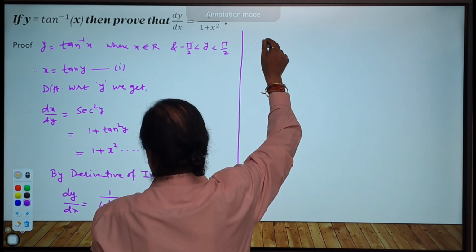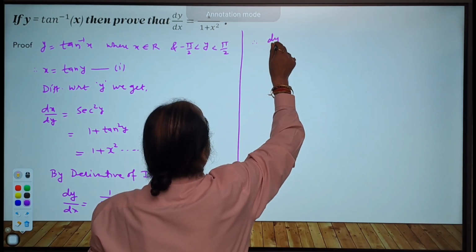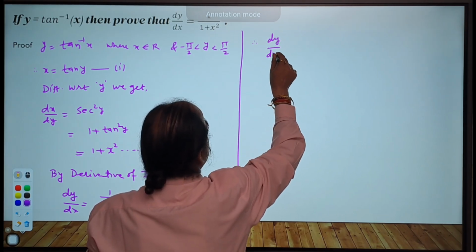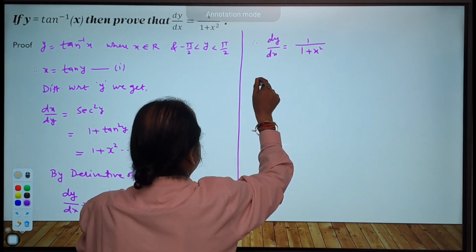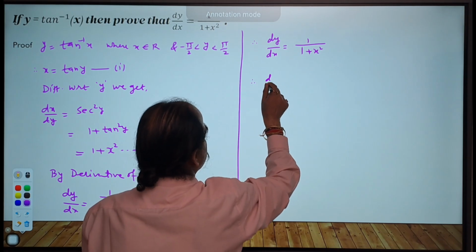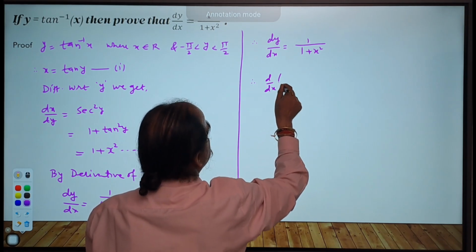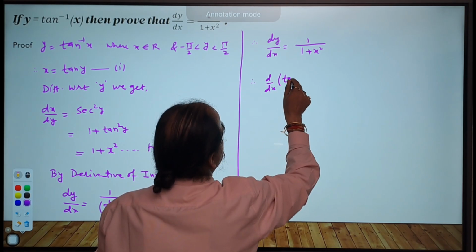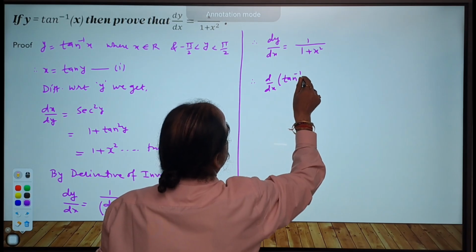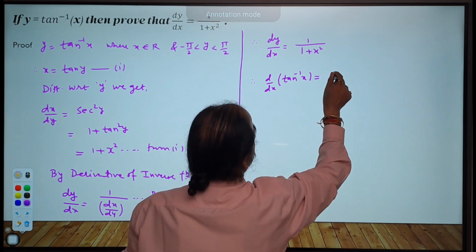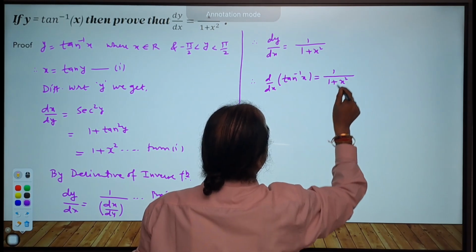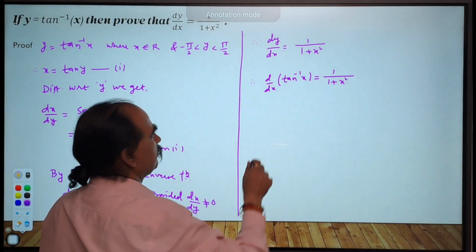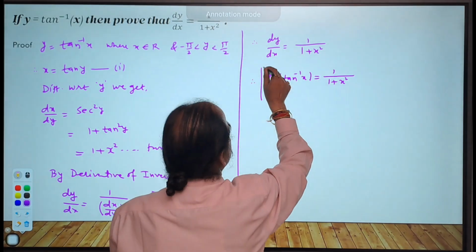Therefore, dy by dx is equal to 1 upon 1 plus x square. So d by dx of tan inverse x is one upon 1 plus x square.